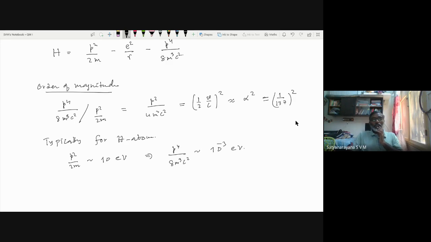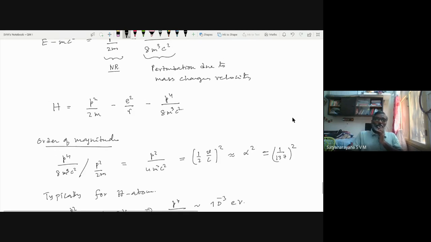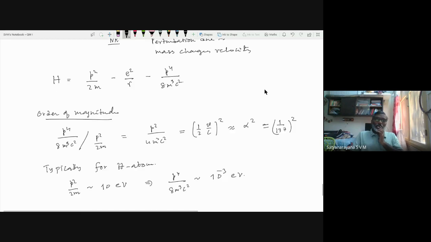So that is the kind of order of magnitude, and hence this can be dealt with perturbatively. Now, of course, you have to ask the question: how do I calculate the corrections for this?